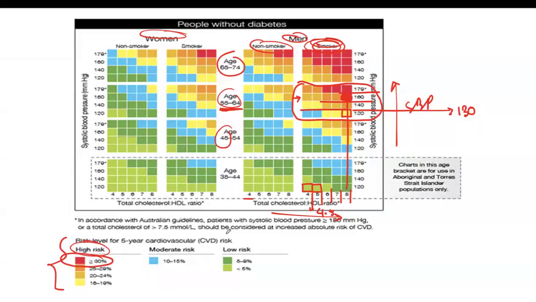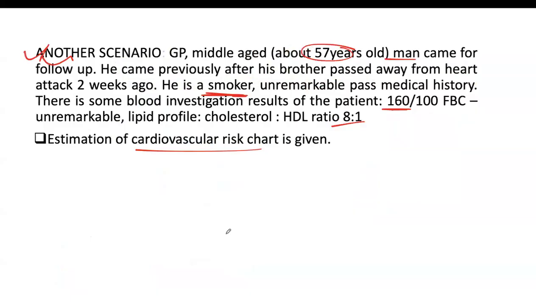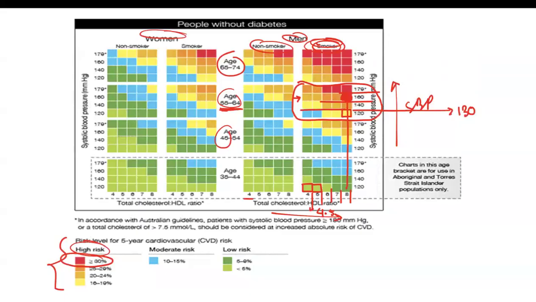Okay? So how can you explain this to a patient? You need to just make it as simple as possible in your exam if it is a task where you need to explain to a patient. So you say, John, we have got all of the information, your blood pressure, your previous medical history, and your cholesterol level, and we put all of your information in a cardiovascular risk assessment chart.